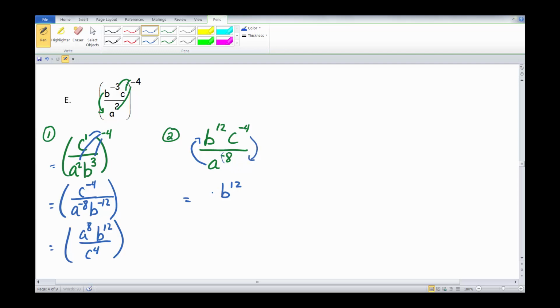We end up then with a again on top, raised to the positive 8, over c, now to that positive 4. Notice we end up with the exact same answer. Again, that's the second method. Really what's going on there is we're kind of just bypassing throwing that b on the bottom right away. So that's pretty much just what we're skipping. Notice though we also place the variables where they appropriately belong.